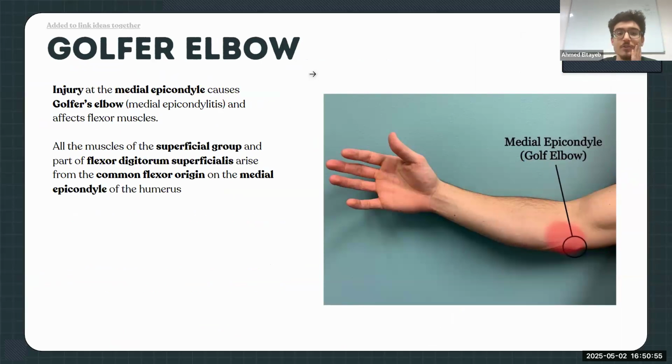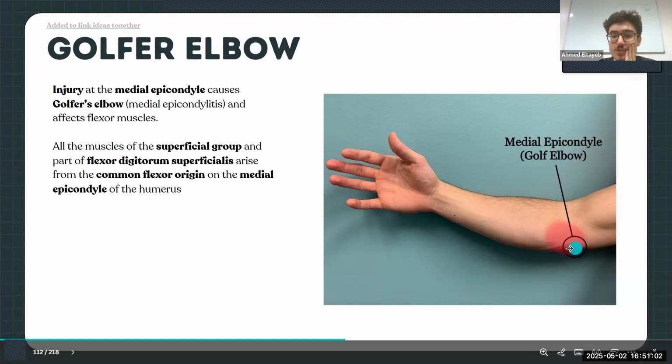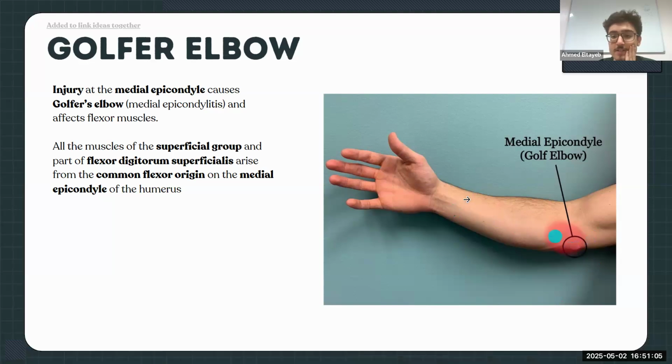When you talk about golfer's elbow, it's the medial epicondyle. And what did we say about the medial epicondyle? It's the origin point of the common flexors of the forearm. So when we're talking about all the superficial group and even parts of the flexor digitorum superficialis, they all arise from the common flexor origin. So if we have inflammation or abuse or trauma to that point, we're going to present with a condition called golfer's elbow.